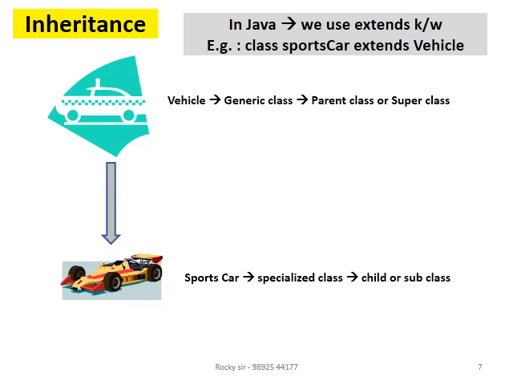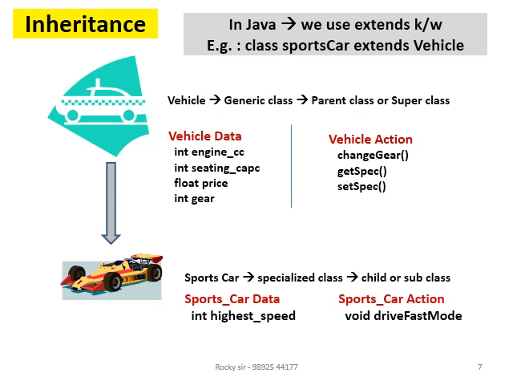Have a look. A vehicle has these four basic properties. These four basic properties are also applicable to a sports car, but it has one more called highest speed.